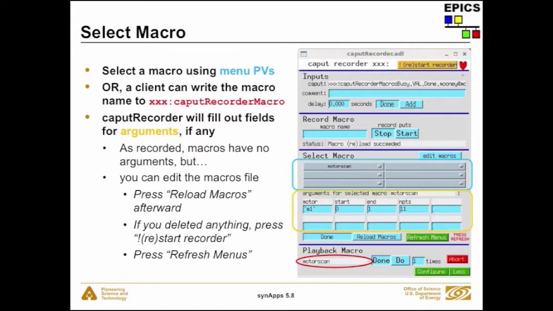So I can't do that automatically, but I can write this little text down here, this red text that flashes and tells you to press refresh. So when caputRecorder knows that it has overwritten those menus, it will make this thing blink, and that will continue to blink until the EPICS database recognizes that the client list has changed.